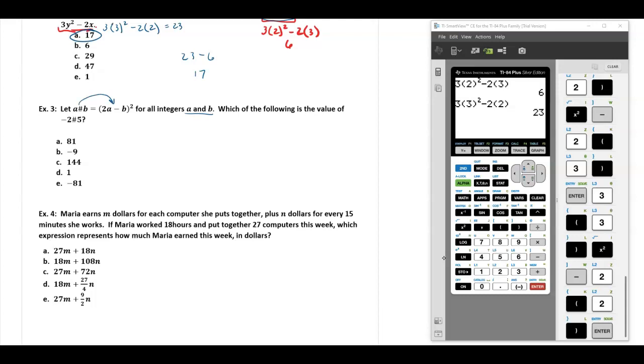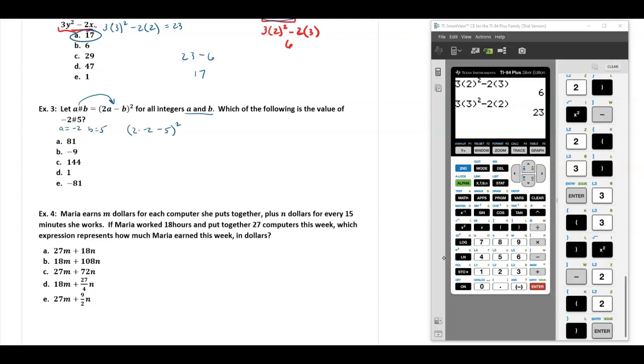So you did 2 times a minus b, and then you squared it all. So in this equation, a is -2 and b is 5. So all I'm going to do is take this and say 2 times -2 minus 5 all squared.